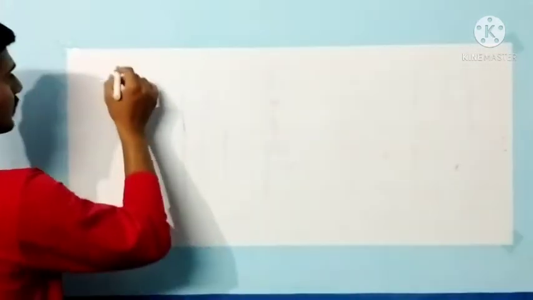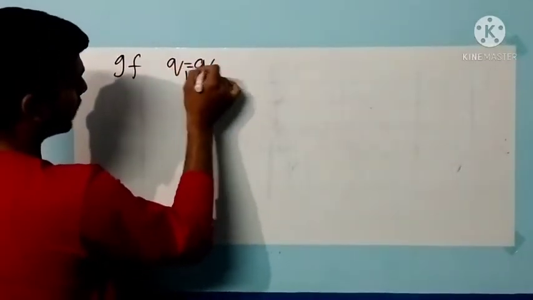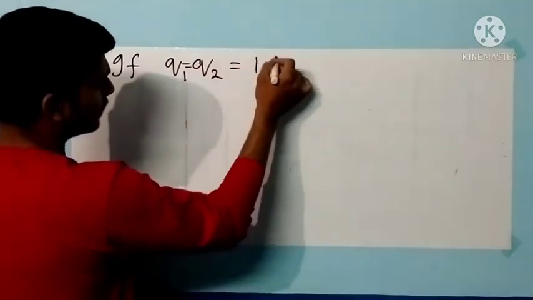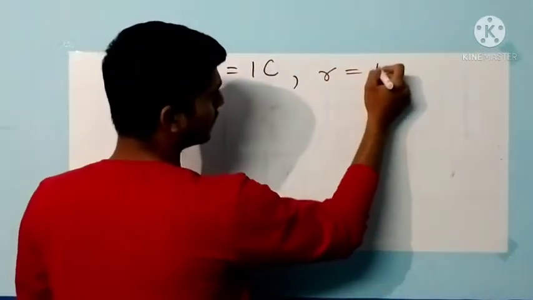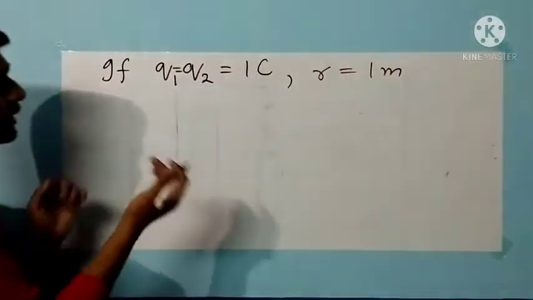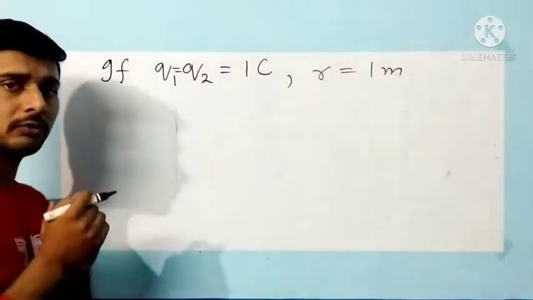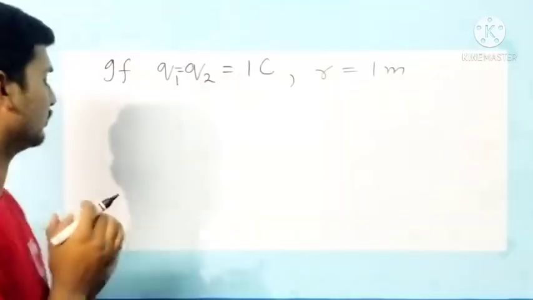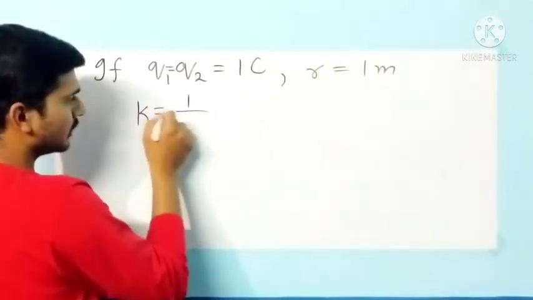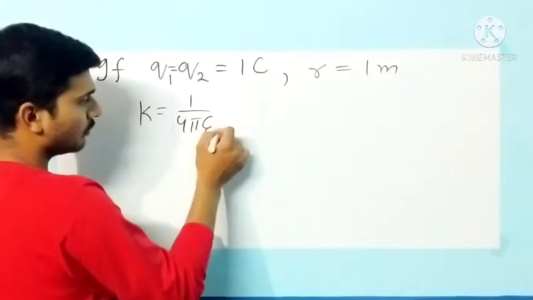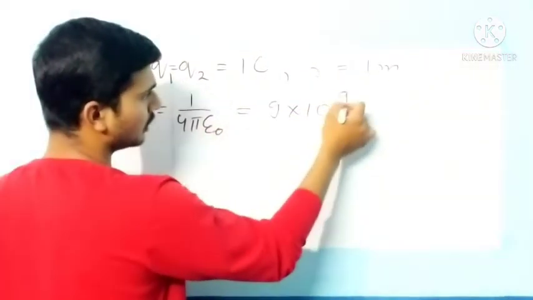Now, our point charges Q1 and Q2 are both equal to 1 coulomb and they are kept 1 meter apart in free space. So what will be the value of force between them? We know that for free space the value of K is equal to 1 upon 4 pi epsilon naught, and that is equal to 9 into 10 to the power 9.